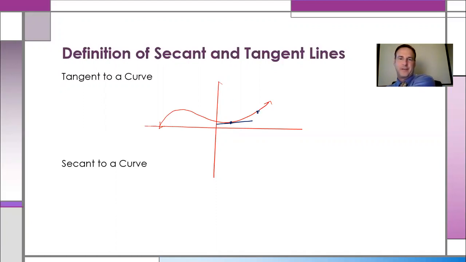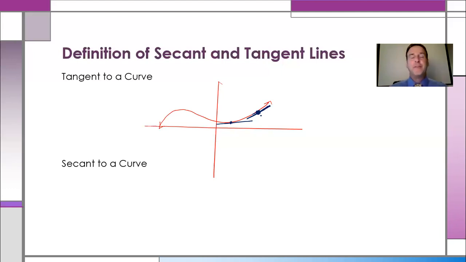If I were to draw another one, something like that. Maybe it intersects just right there. You're like, that doesn't look like it intersects, so I will make my point bigger so it looks like it does.